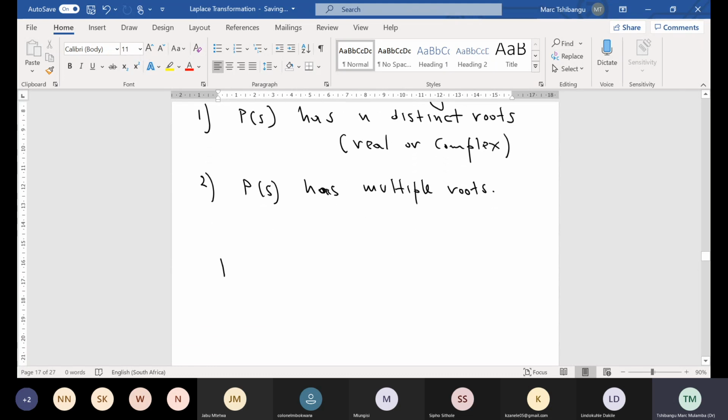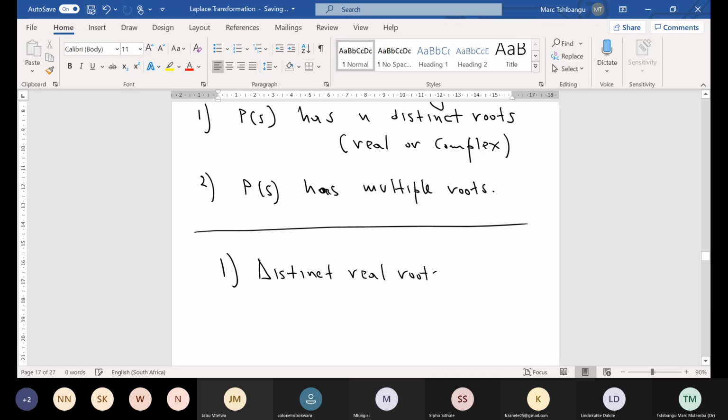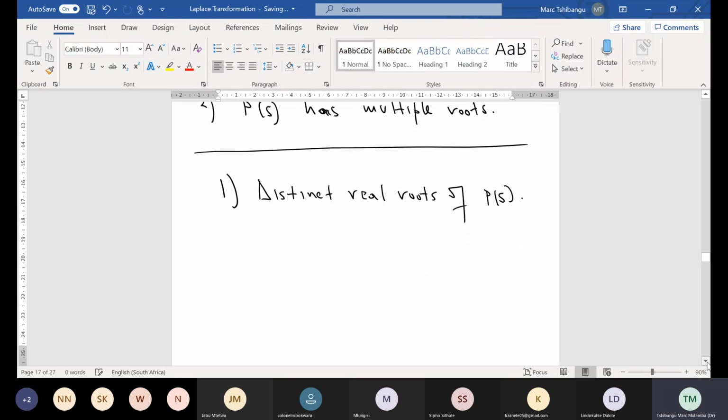First one, distinct real roots of P(s). For this, we're going to consider the Laplace transform of a given function, all right?